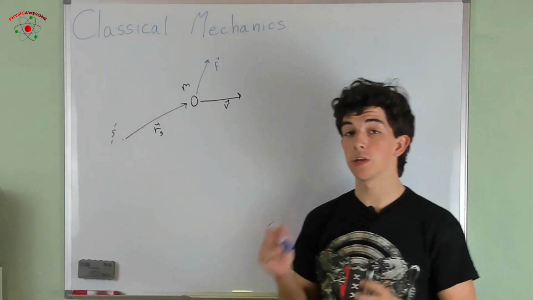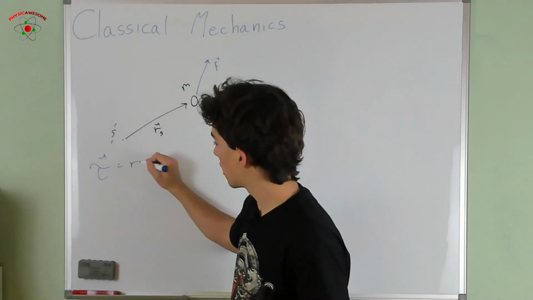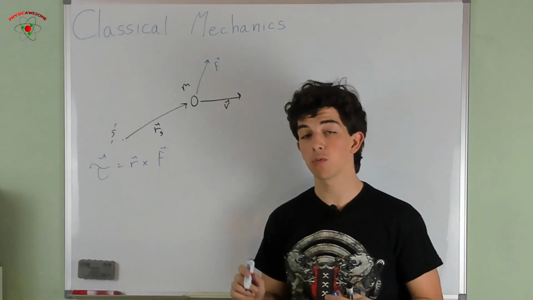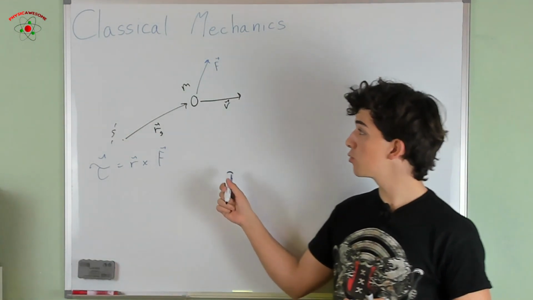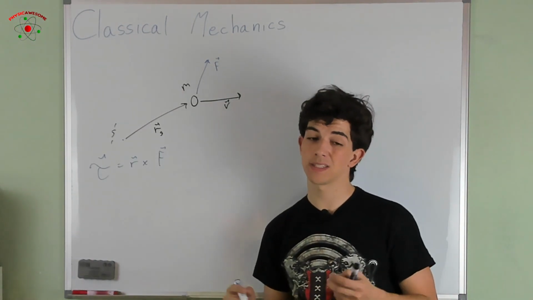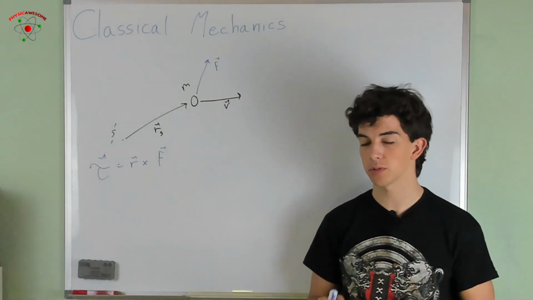Now, we know that torque equals R cross F. And we would like to find a way to relate this quantity to our angular momentum, as some relationship between them could be really useful to solve different problems.